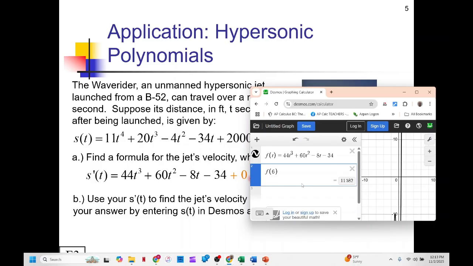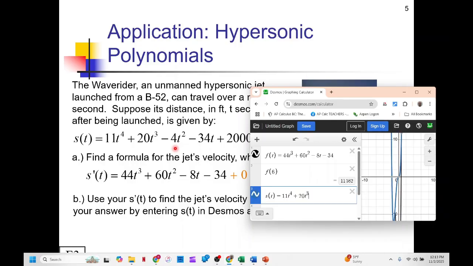Now another way of doing this would be to enter the original, which is this s of t up here. I am going to call this s of t, and we'll have 11t to the fourth plus 20t cubed minus 4t squared minus 34t plus 2,000.